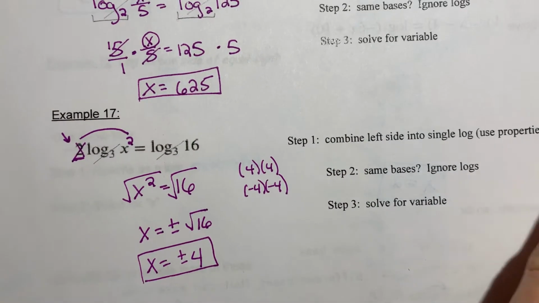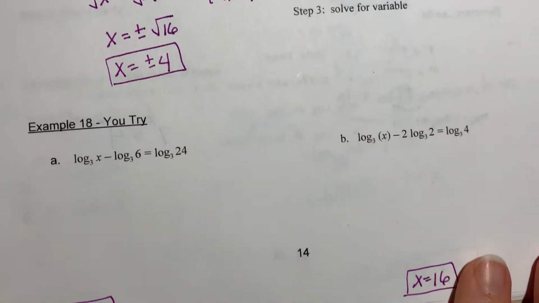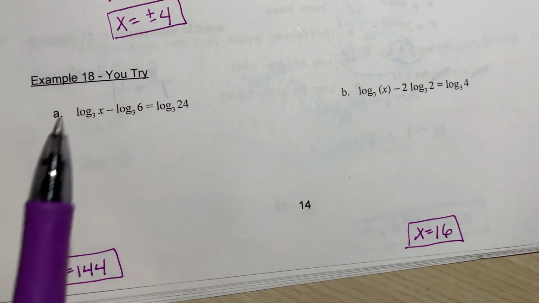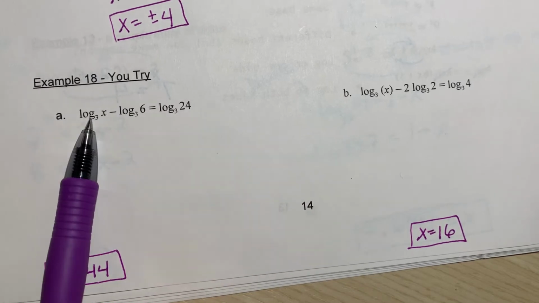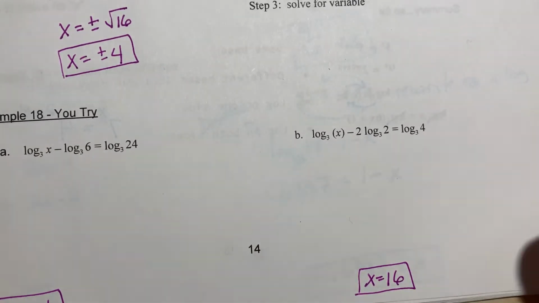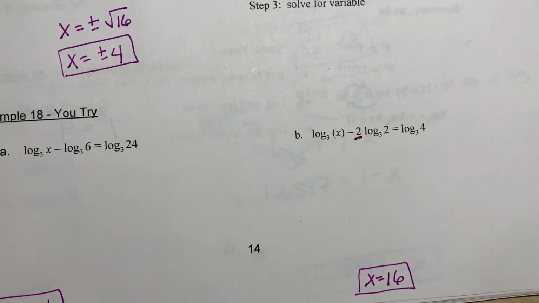All right, I want you to try these two. I'm going to tell you those should be your answers when you're done. So this is subtraction. Remember, first step, combine these into a single log using the properties. This is subtraction, but I'm going to warn you, you also have a number out front.